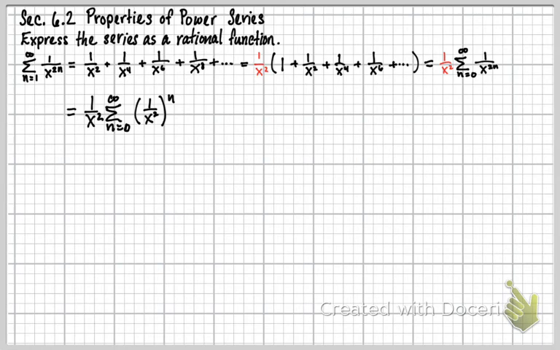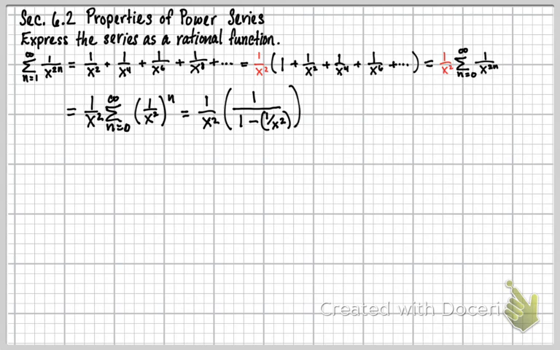Now we know a rational function that would equal the series n equals 0 to infinity of 1 over x squared to the n. So this is going to be, and I'm just going to write this 1 over x squared because it's sitting on the outside, times 1 over 1 minus 1 over x squared, because that's where the x would be for the regular series.